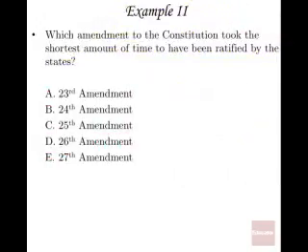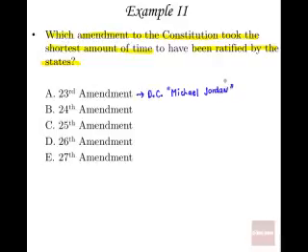So let's go ahead and look at example number 2. Which amendment to the Constitution took the shortest amount of time to have been ratified by the states? Let's take a look at this. The 23rd Amendment was the D.C. Amendment, the Michael Jordan, because Michael Jordan wore number 23, and he retired in Washington, D.C. The 24th Amendment, I don't really have a mnemonic for this, was the elimination of the poll tax.